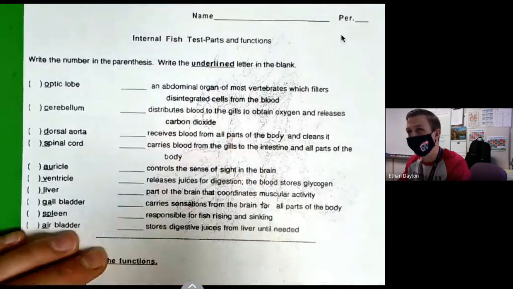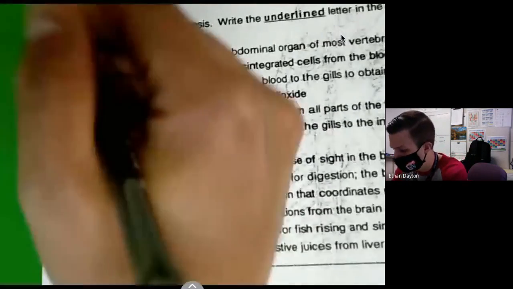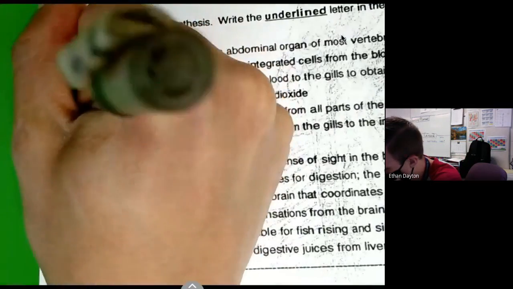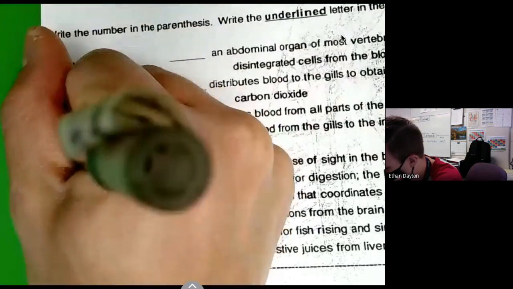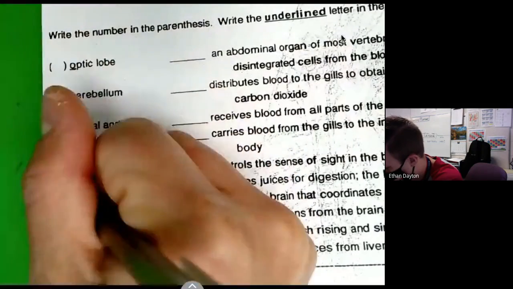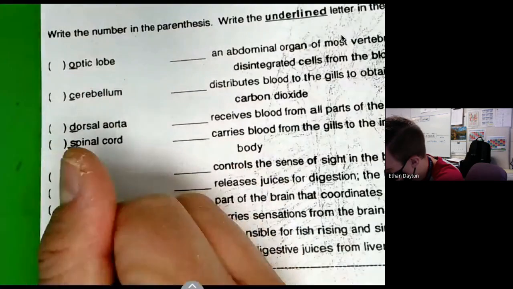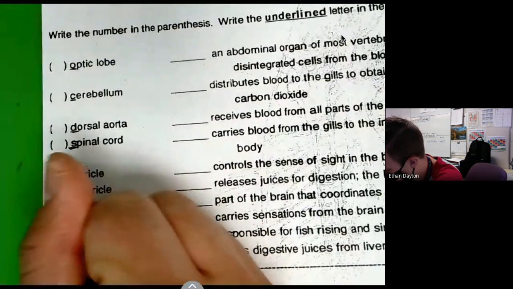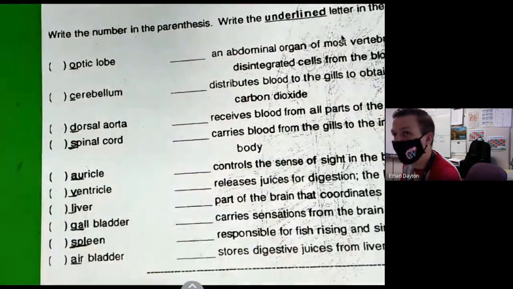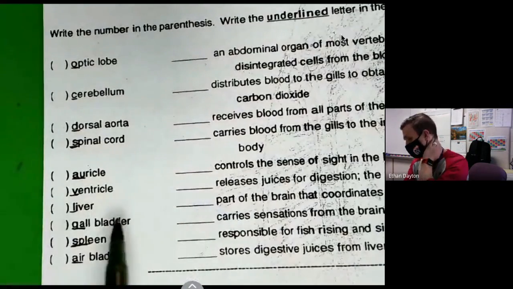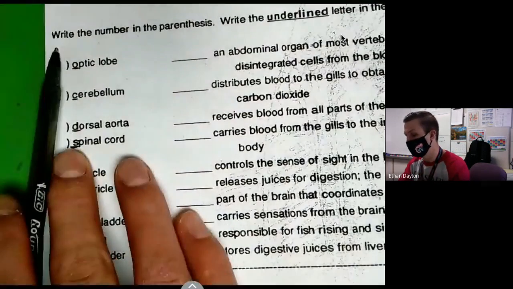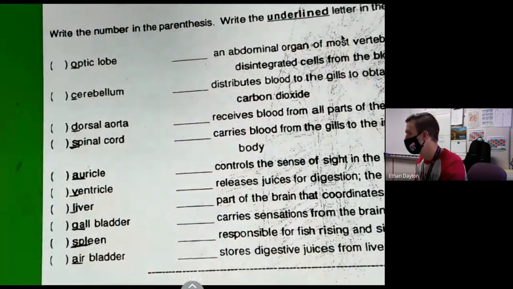So look over here on your list of body parts. There is an underlined letter or possibly two, maybe even three. Here's what you're going to do. You're going to put the number of that body part in the parentheses.